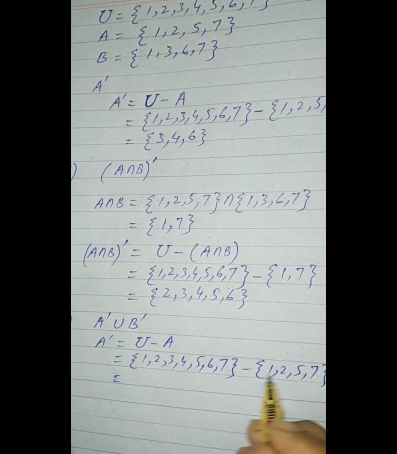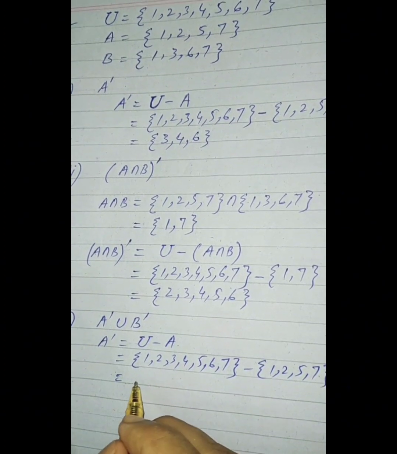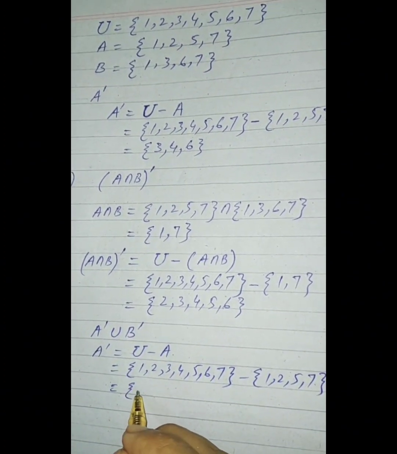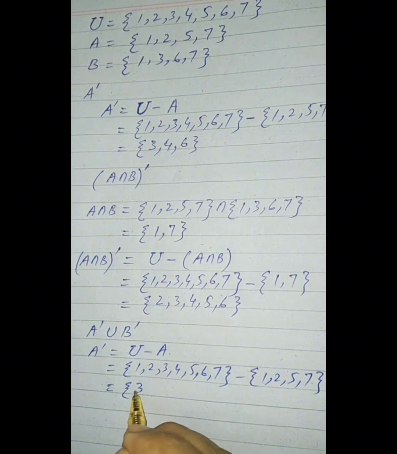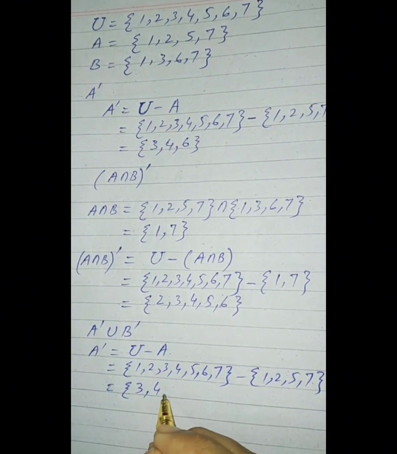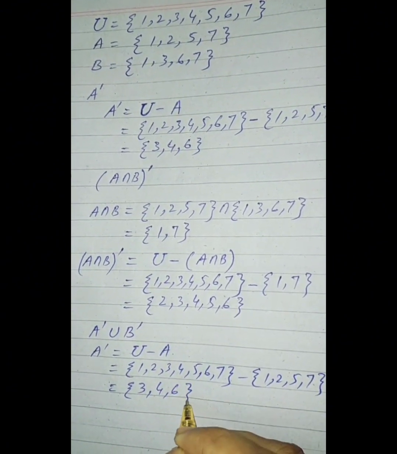So when we subtract these members from the universal set, what will we get? We will get 3, 4 and 6 only.